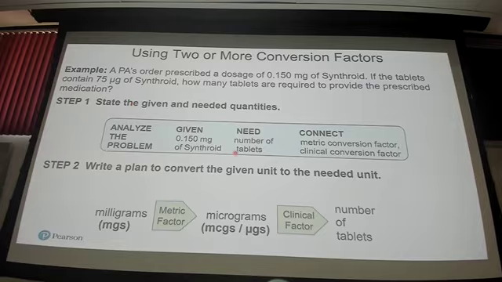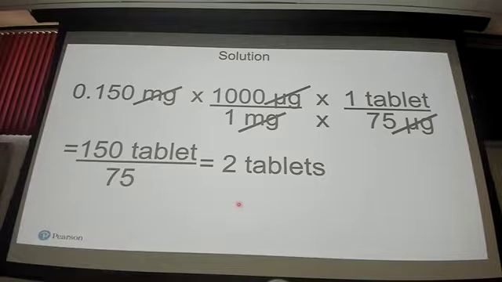Since the product is in micrograms, you want to convert your dose to micrograms. When you do that, you come up with 2 tablets as the prescribed dosage, and that is equal to 0.150 milligrams. Any questions about this calculation?